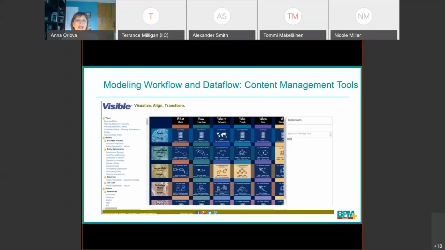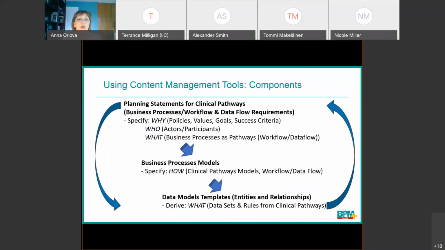And in terms of modeling this process, both the business process as well as data schemas, we collaborated with Mike Cicina, using Visible Analyst as one of the tools where this process can be enabled. So what Mike offered us is to use the planning statements to define the clinical pathways.